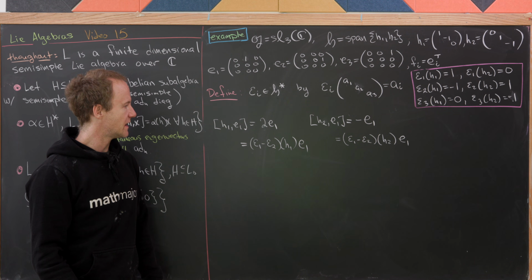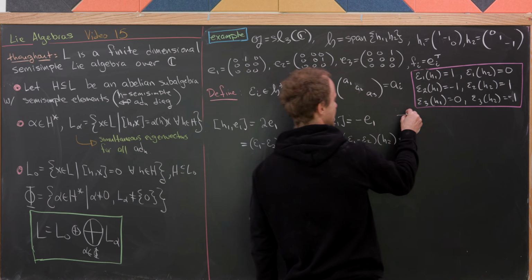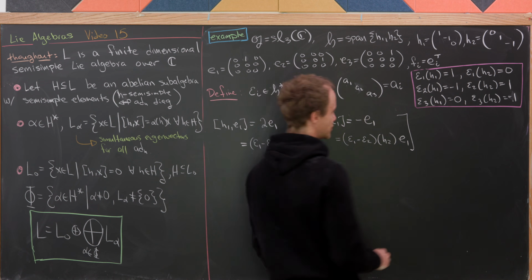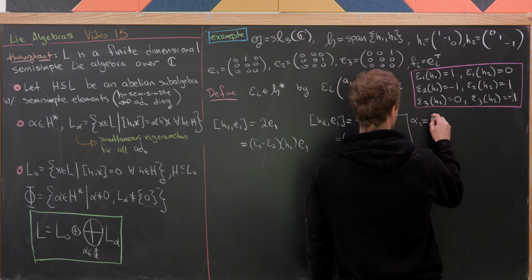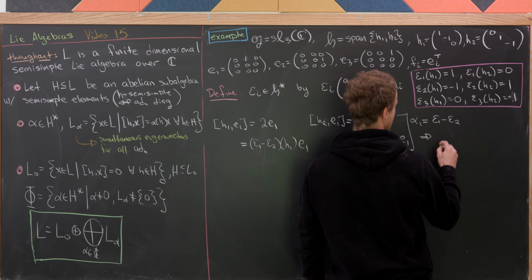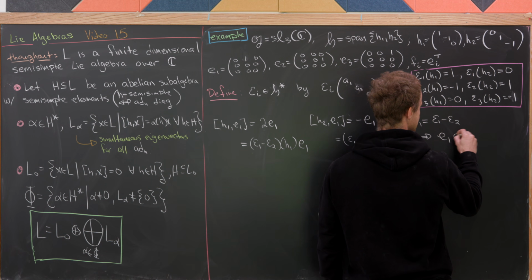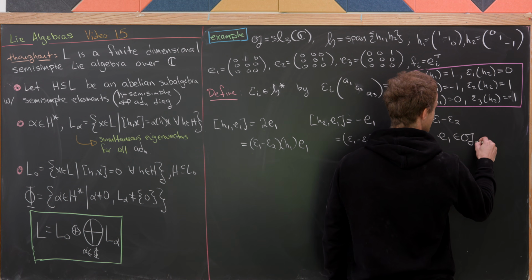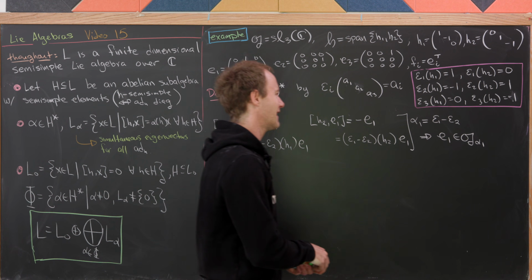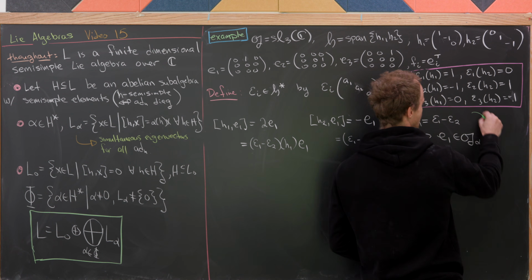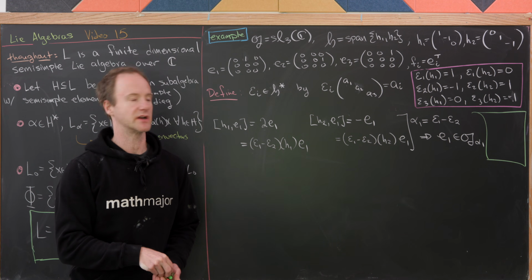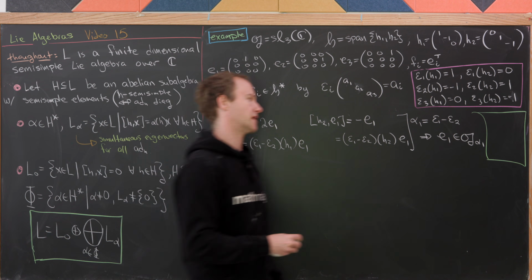Okay. And then maybe if you introduced a little bit of notation, and here I'm going to use some standard notation. If you set alpha 1 equal to epsilon 1 minus epsilon 2, then what we would have here is E1 is inside of G alpha 1. And while we're at it, I'd like to notice that there are some other standard names for this vector E1, or this matrix E1, if you will.